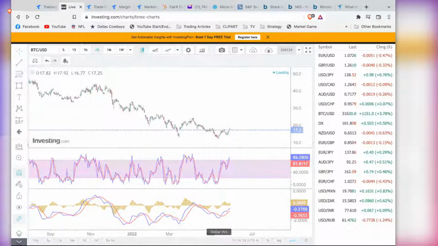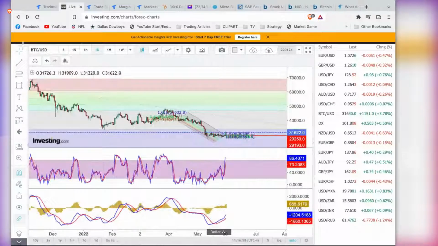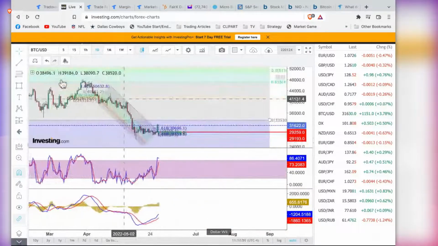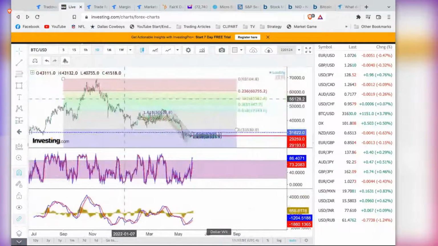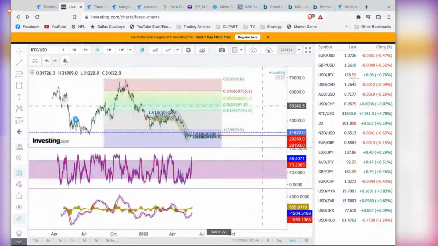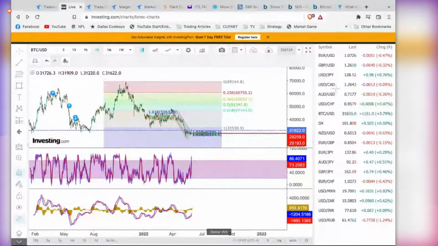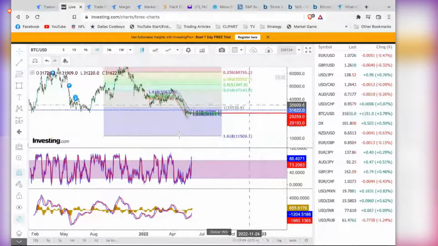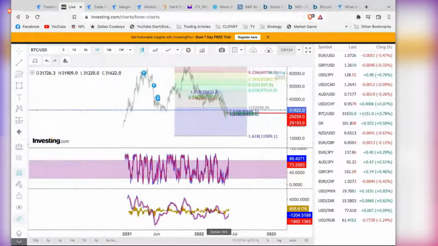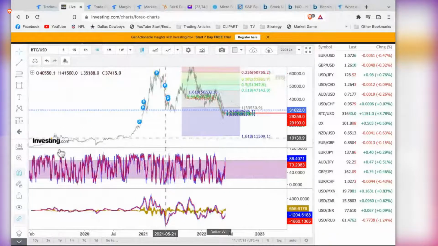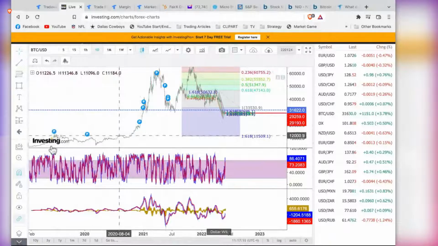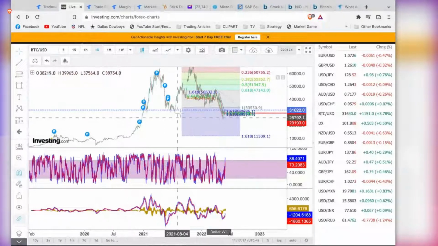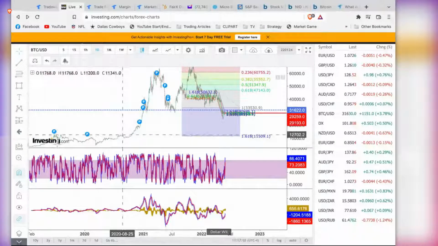But that could be the end of the decline. That last move, I meant to go to the other chart I had. I don't know what this is with all these markets and stuff. So yeah, this thing around 12,000, which was right in here, right in this area.